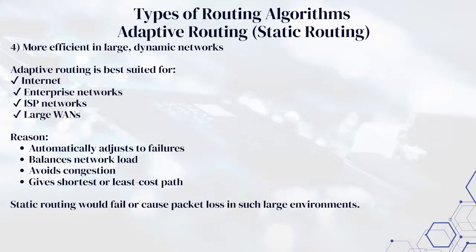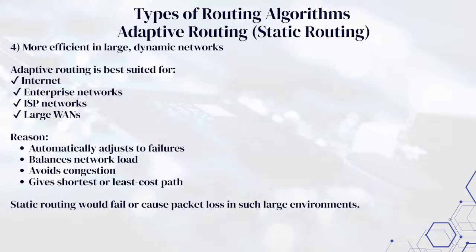The first thing is, it is not suitable for large environments; it is for small environments only. As it works in a static mode, it is suitable for small environments, and adaptive routing can work in a large environment because of its dynamic, automatic nature.